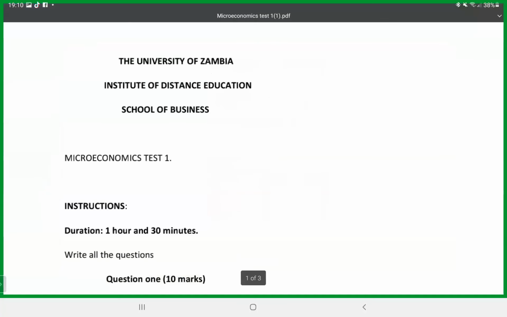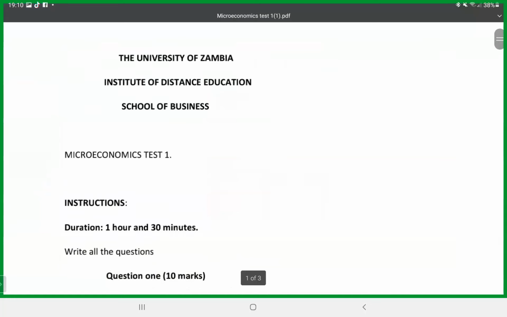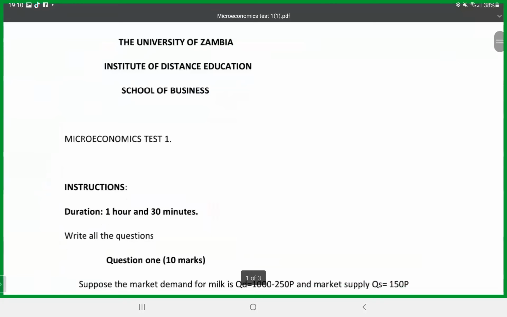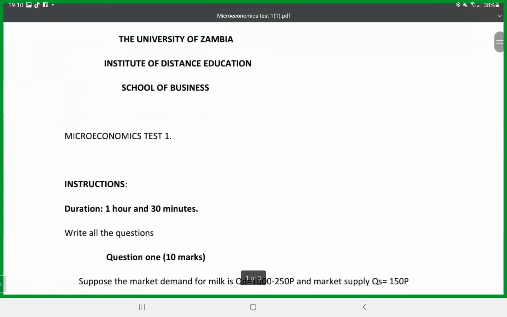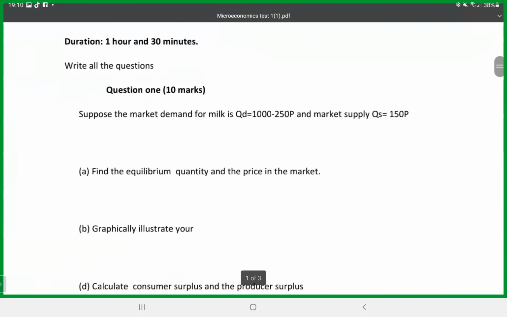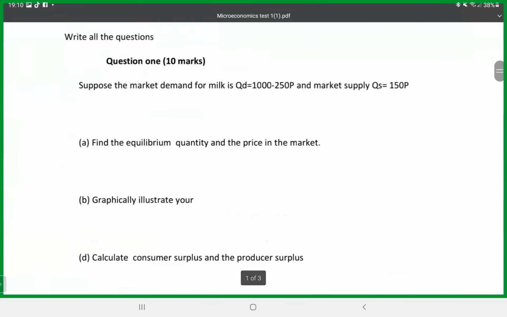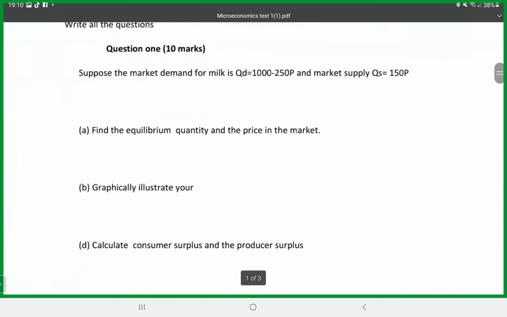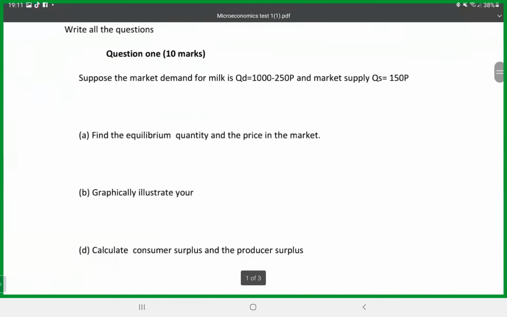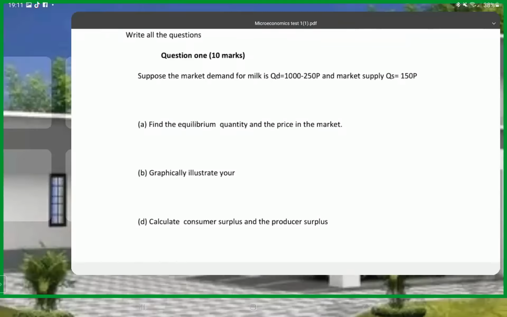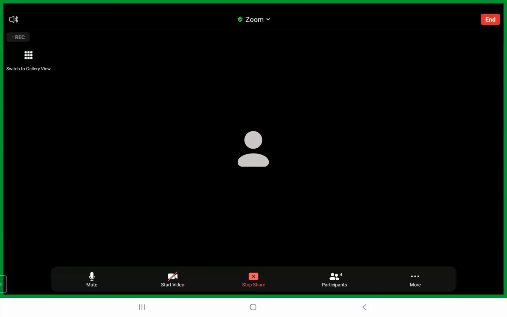And so these are the questions that you were asked last time. Okay, let's do some questions. Here's the assigned question. Question number one says, suppose the market demand for milk is... let me share the screen.